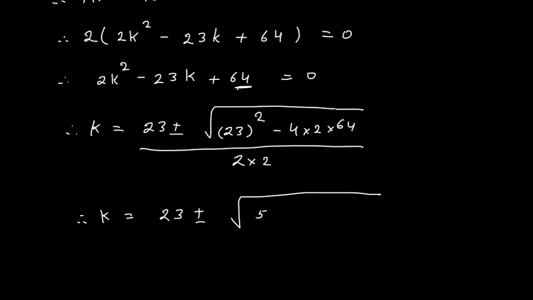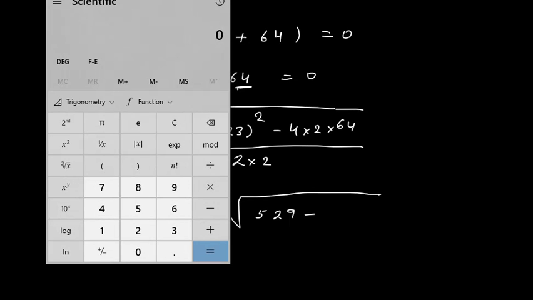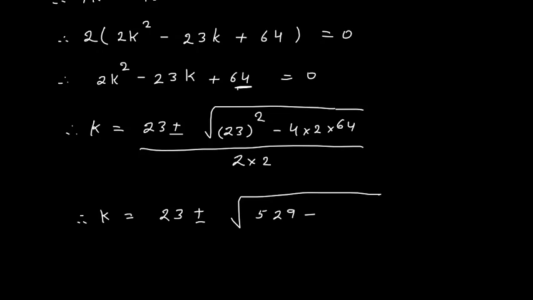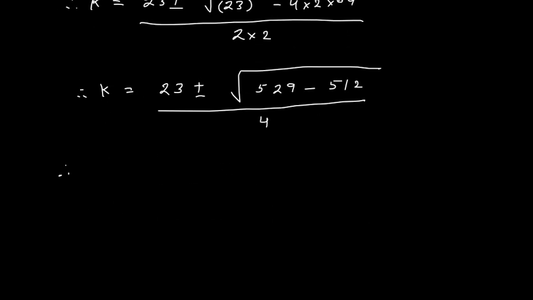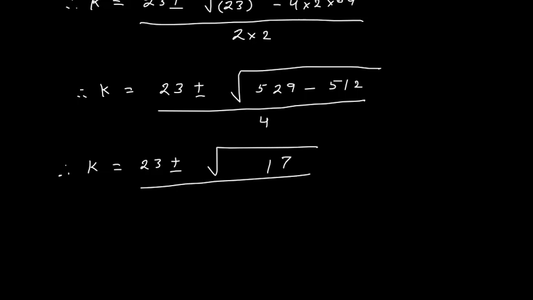So this is 529, then minus 4 into 8 into 64, it is 512, and then whole divided by 2 into 4. So we will get k equal to 23 plus or minus, now 529 minus 512 is 17, upon 4.